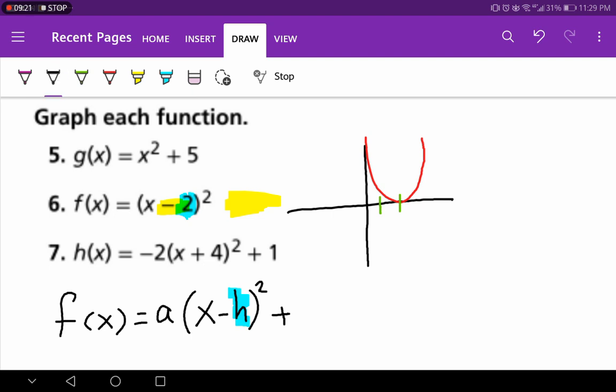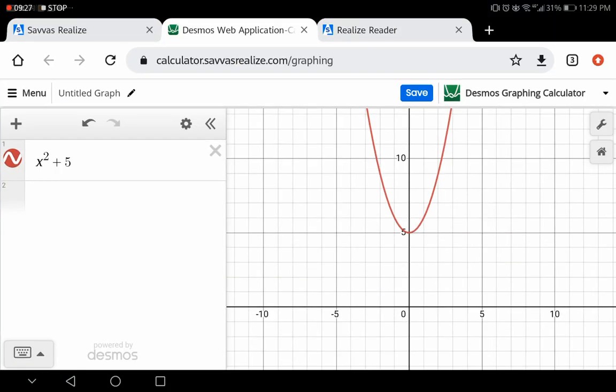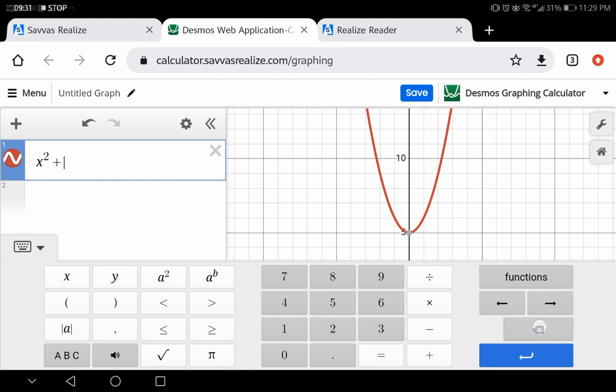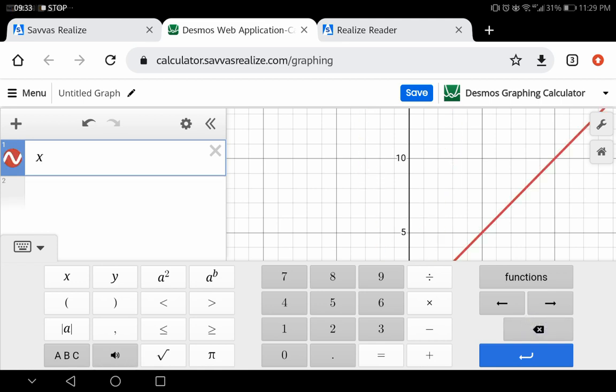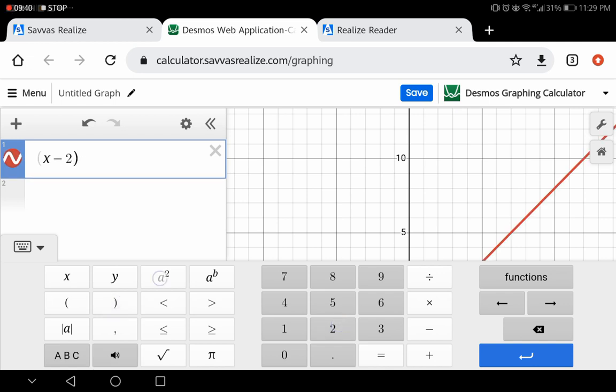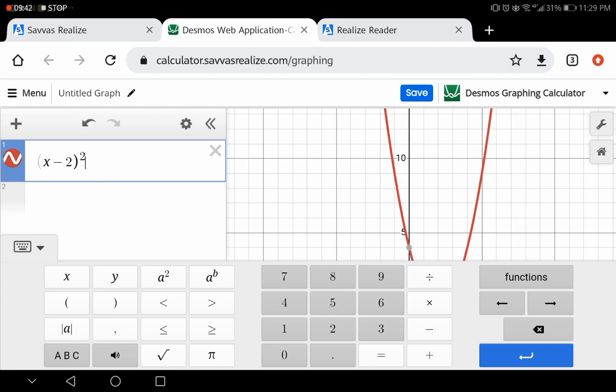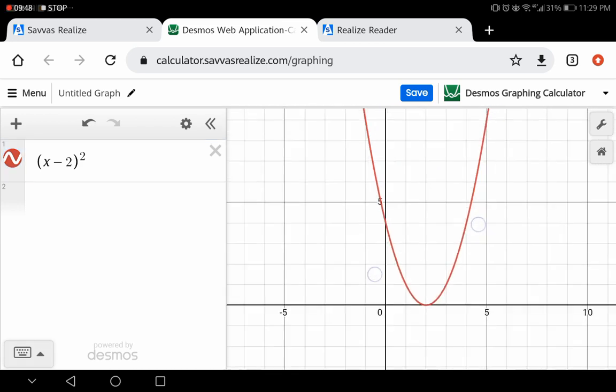No, I don't need to erase this. If you don't believe me, I will graph it by using this program. X minus 2, and actually it has a square here. Yes, that's it.